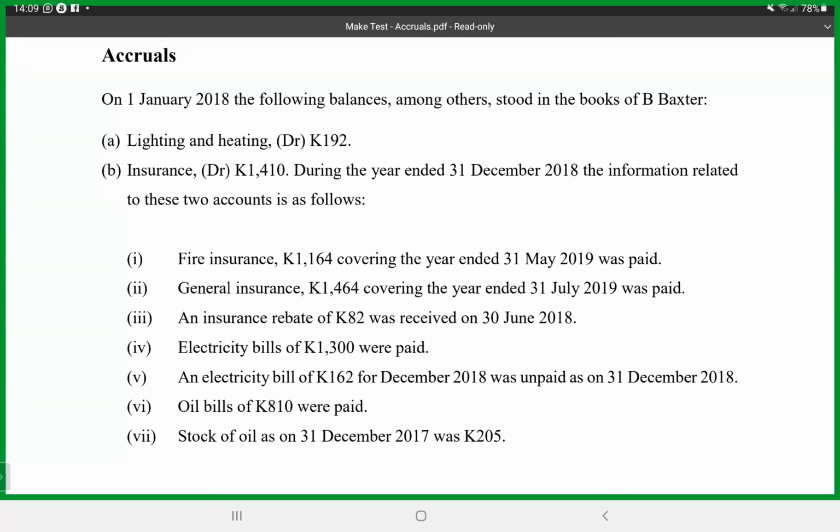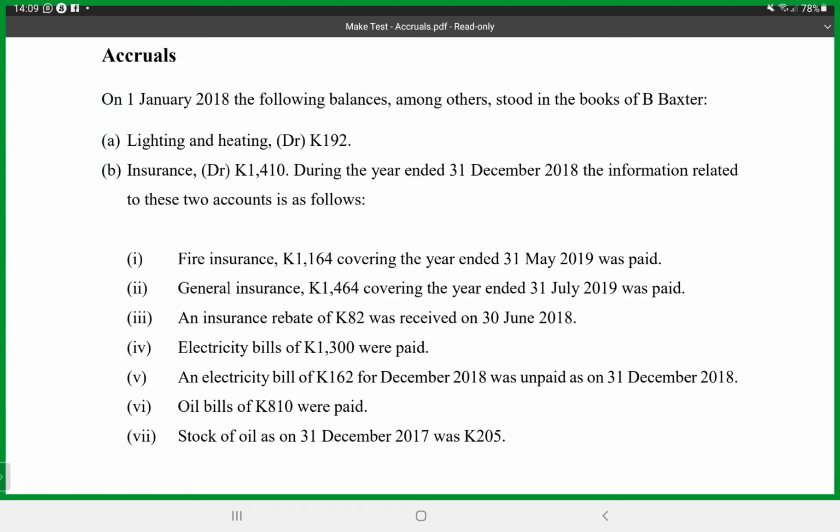All right. So we are given this example just to use so that we can discuss how to make treatment of the accrued expenses and prepaid expenses. Now, on 1st January 2018, the following balances, among others, stood in the books of this person.